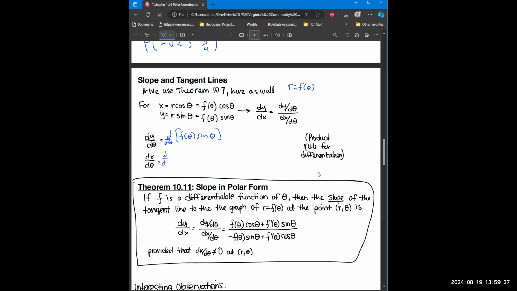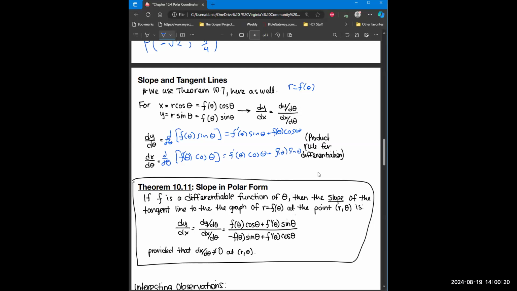By the product rule, we have f prime of theta sine theta plus f of theta cosine of theta on top, and here I have f prime of theta cosine of theta, and then the derivative of cosine is negative, so this can be a negative f of theta sine of theta, like that.